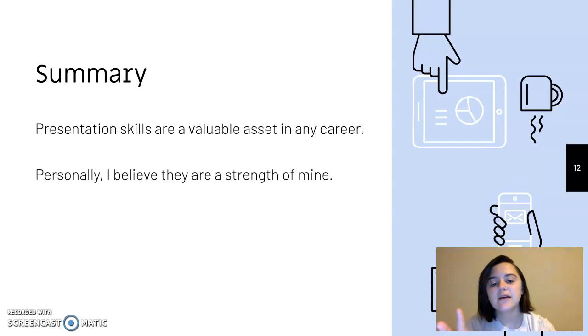And to summarize, I chose this section about presenting because, number one, presentation skills are a valuable asset to any career, any industry. You're going to need to know how to present, because you may have to present to your boss, your colleagues, an investor, or even the public, and it's important to have the basic skills necessary to do it and do it well.